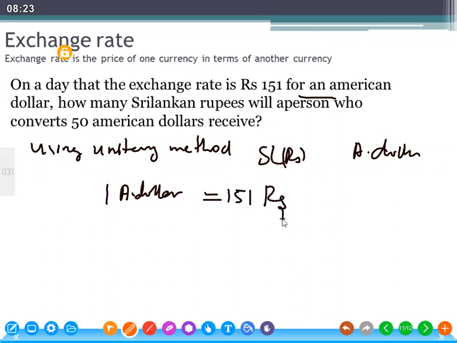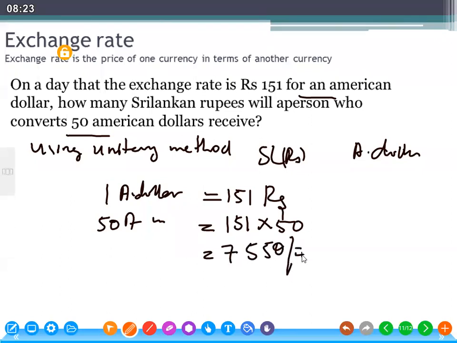The question is you have to find the 50 American dollars. Therefore you have to multiply by 50, that is 151 into 50, that is equal to 7,550 rupees.